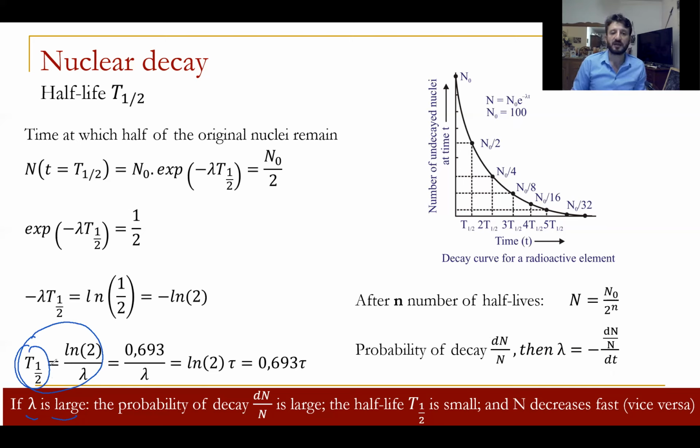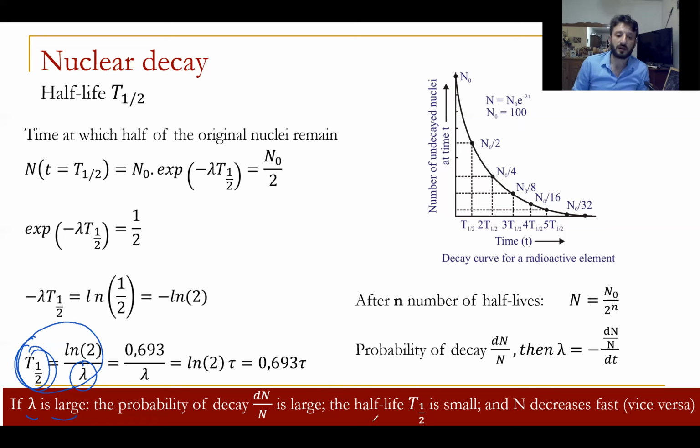What I mean is, if we have a large probability of decay per unit time, we have a decay process quickly. We can lose quickly the total number of unstable nuclei to stable nuclei. We can say for a large value of lambda, we get a small value of t half. We get the process of decay quickly.